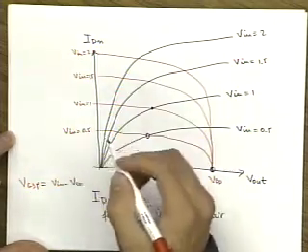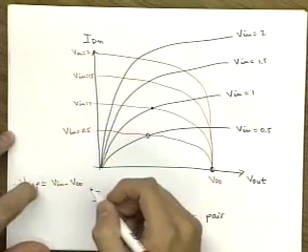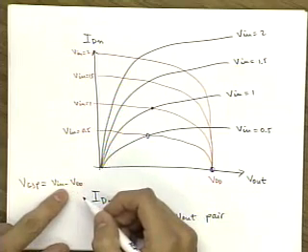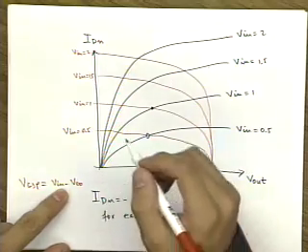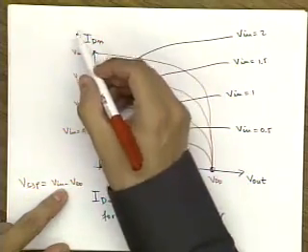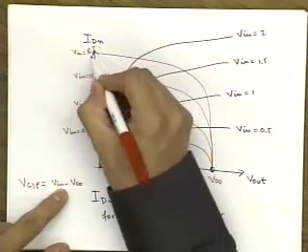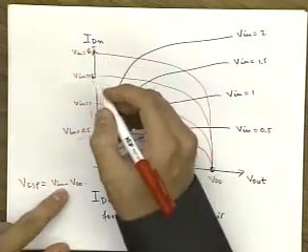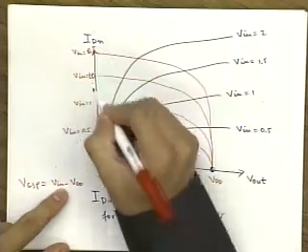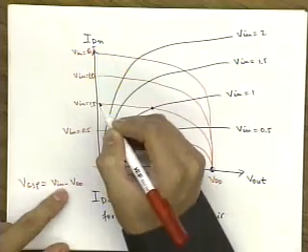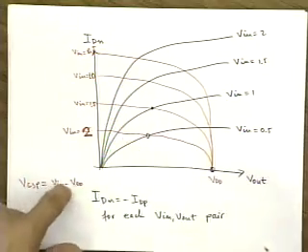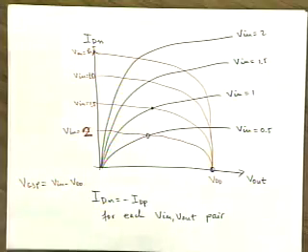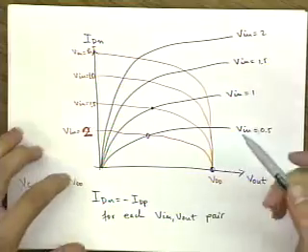And then if VDD is equal to 2.5, we have V in is equal to 0, then V in is equal to 0.5, then V in is equal to 1, 1.5, and V in is equal to 2 over here. Okay, now it makes sense.